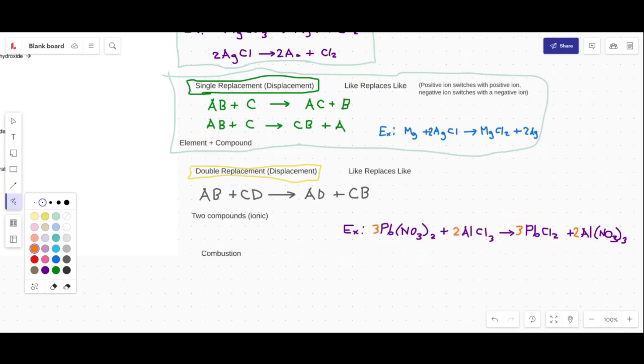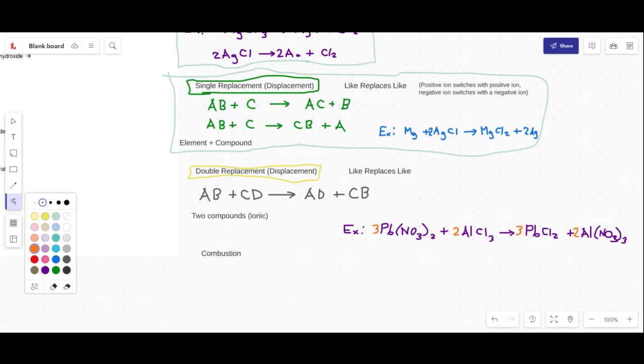It's not Al(NO3)2 like lead was. And when lead goes with chlorine, I don't put PbCl3 because the aluminum had 3 chlorines. Lead is a 2+ charge here, so it's going to be PbCl2. When I put them back together, I have to put them back together according to their charges. But yes, like replaces like. That's the principle.